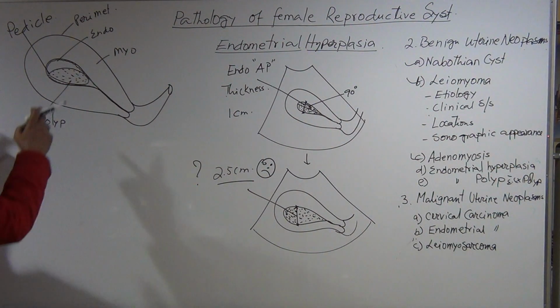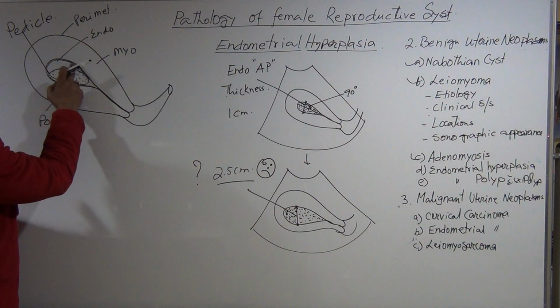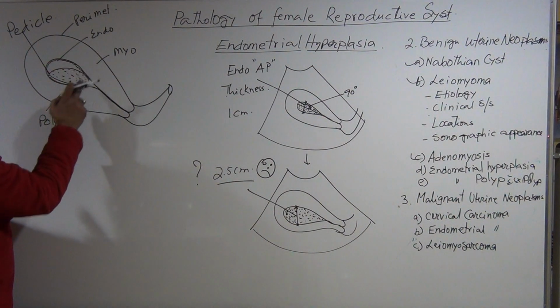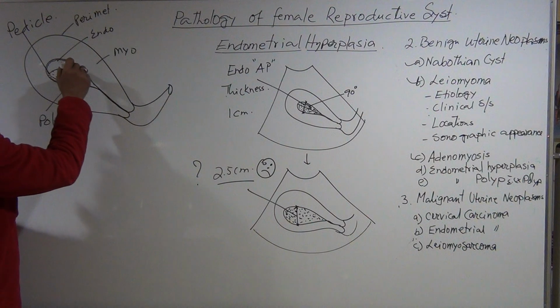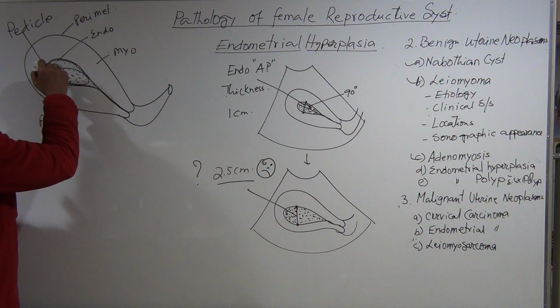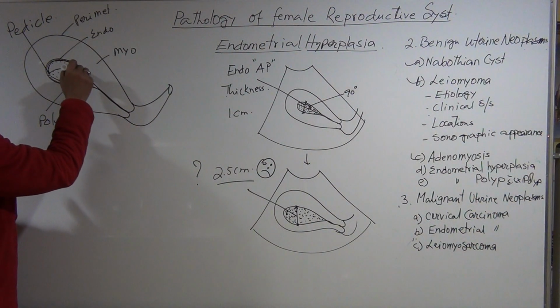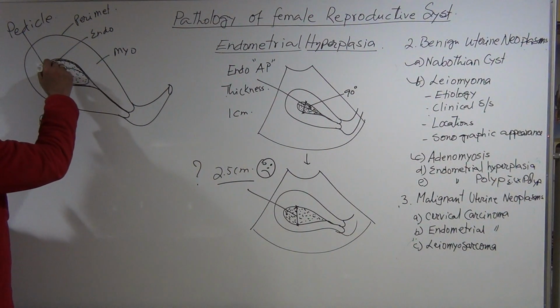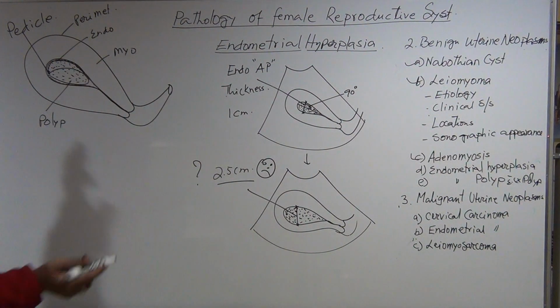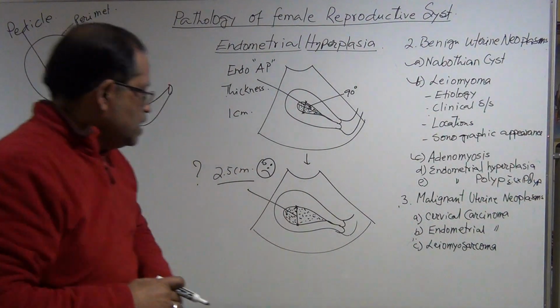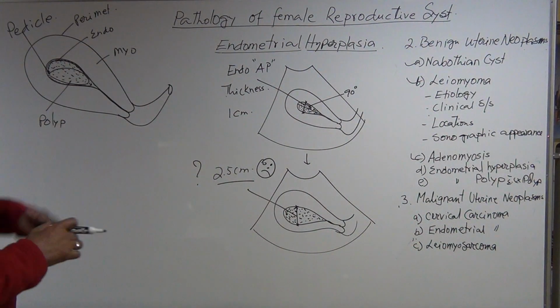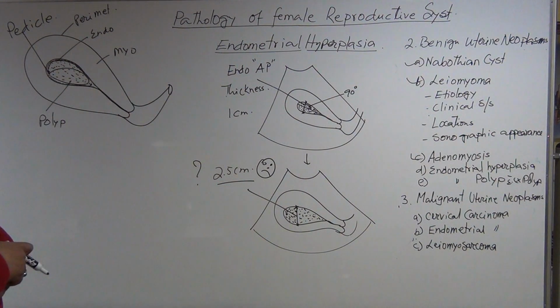Okay? And this polyp can be as big as the whole endometrial cavity it occupies. So then we will see the whole thing looking the same. Then how are we going to know what this is? Is it endometrial hyperplasia, or is it thickened due to the polyp? So that is one cause.